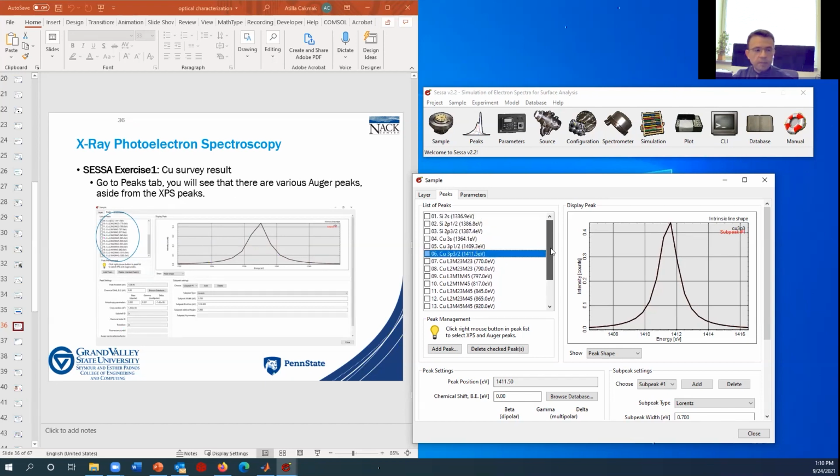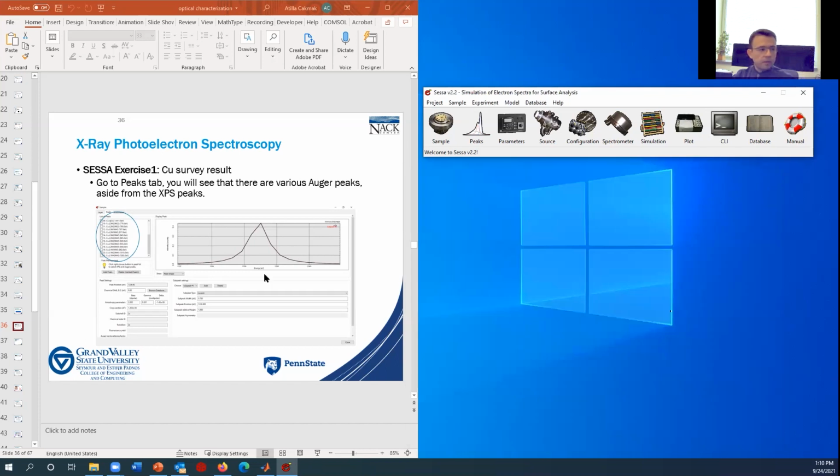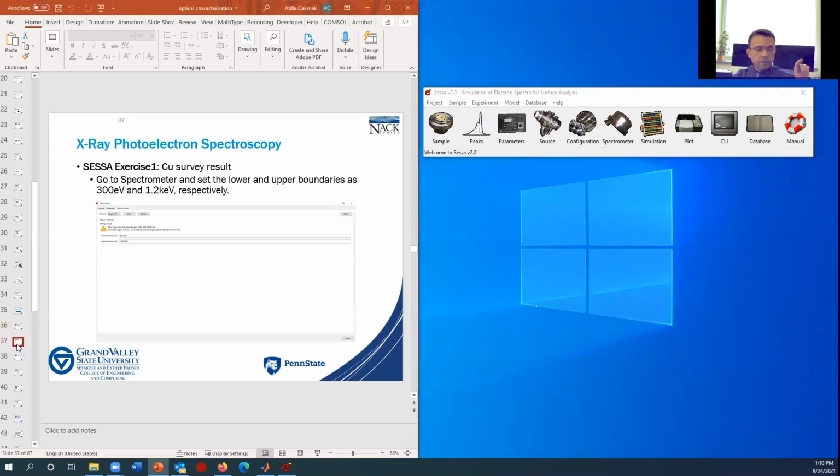So we have a combination of these Auger peaks with these other peaks that we will be more interested in, like the 3S, 3P peaks that we will look into today. So you can keep them all. You don't have to worry about the distinction, because the tool will tell us which peak is expected at which position. So you will be able to distinguish between the peaks. But you can also cancel them out too. So it's up to you.